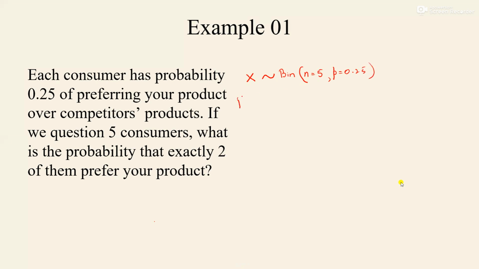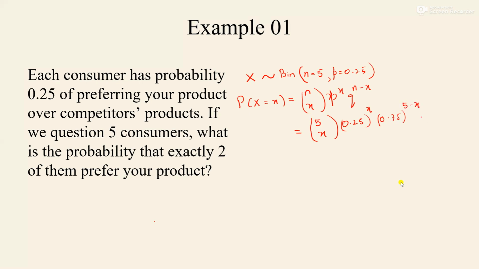So from this, we know that if X has a binomial distribution, then the probability of X is equal to nCx p to the power x q to the power n minus x, where n is equal to 5, x is the specific value, p is equal to 0.25 in this case, and q is equal to 1 minus p, that is 0.75, to the power n minus x, here 5 minus x.